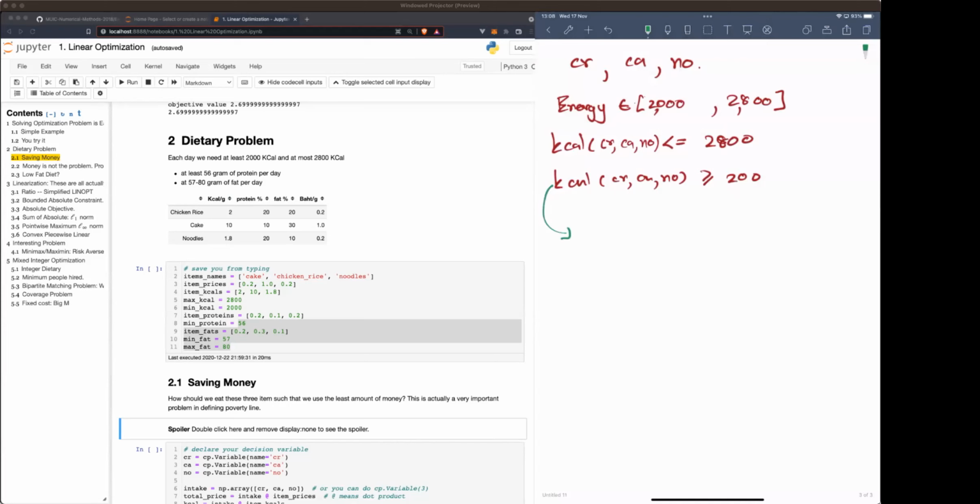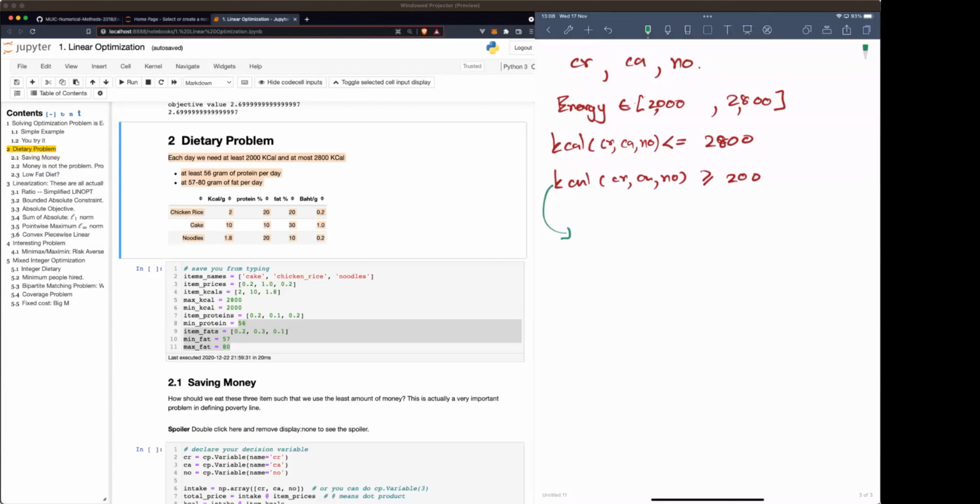How do you calculate the total energy that you eat? How would we calculate it, given this table? Anyone?